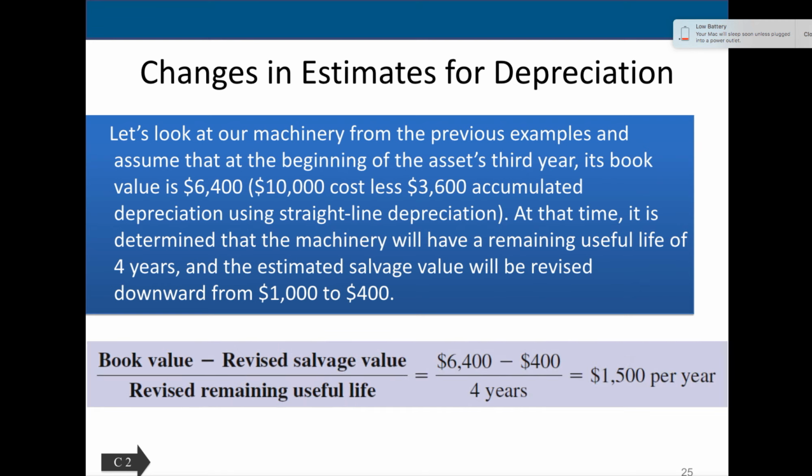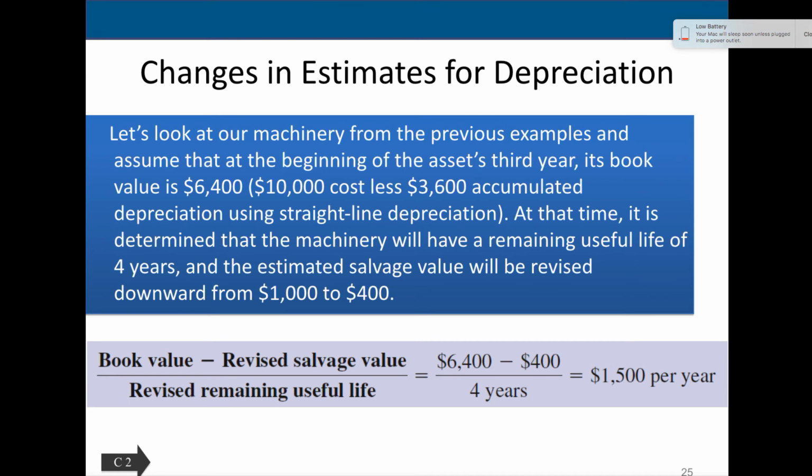Instead of taking the initial cost minus salvage value divided by useful life to get my depreciation, when recalculating it, instead of using the initial cost, I'll just look at what my remaining book value is. That's the amount that I haven't allocated yet. And from that, I will subtract out whatever the new salvage value is. So if it used to be $20,000 and now it's 0, I would put 0 in there.